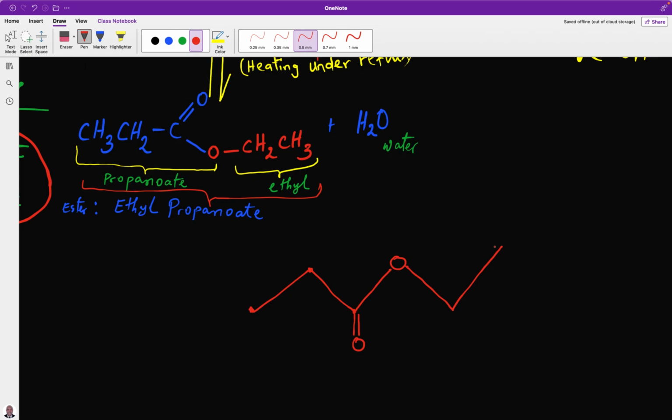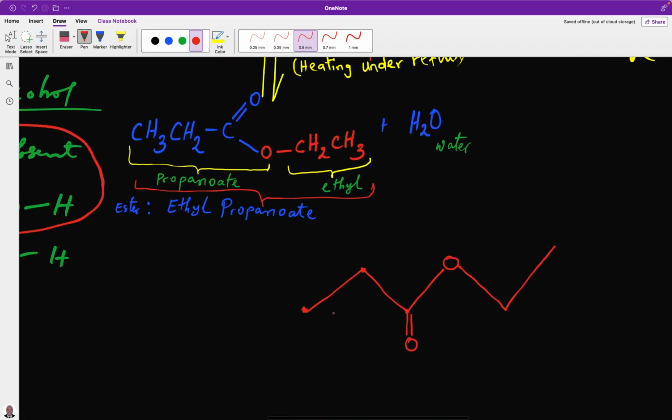That is how a skeletal formula is drawn. Remember, we start here, we ascend, we drop, we ascend, we drop, we ascend. That is how a skeletal formula is being drawn.